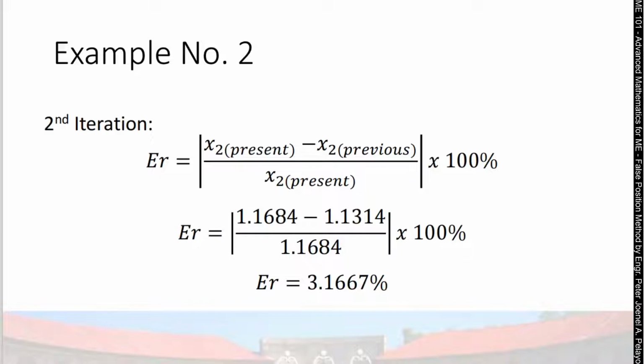In the second iteration, that's where we start computing the relative error. Relative error is the present x2 minus the previous x2, all over the present x2. It's in absolute value, so remember that it is an absolute value, times 100%. So, our ER in the second iteration is 3.1667%.